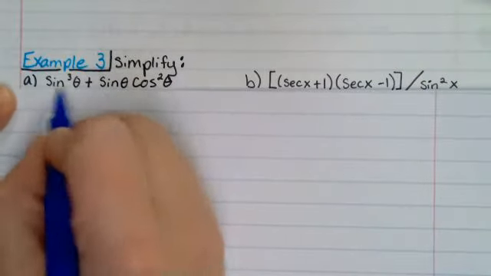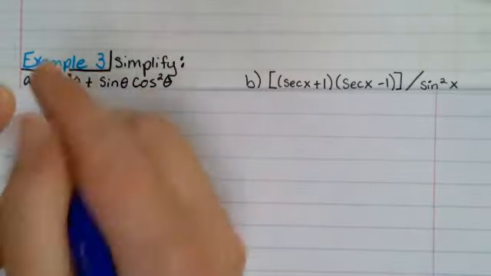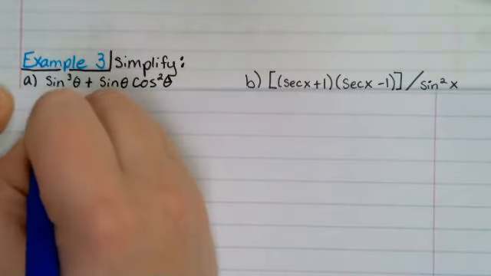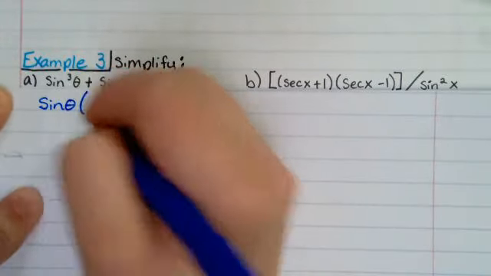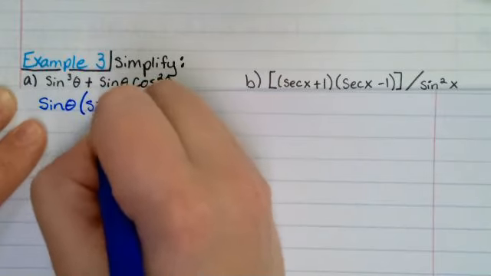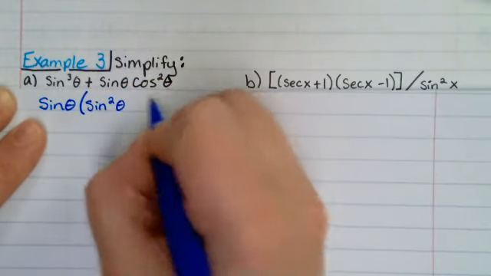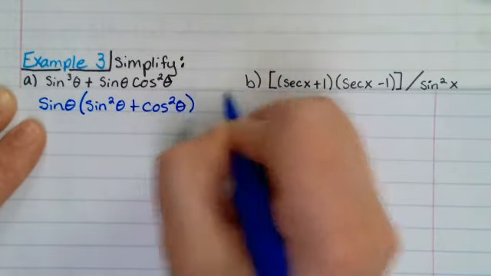I'm going to see how they both have a sine, just like my last example had an x in both terms. I'm going to take the sine out and look at what happens. If I take out a sine of theta, then what's left would be sine squared theta plus cosine squared theta.